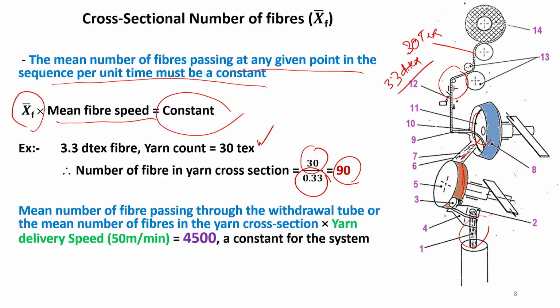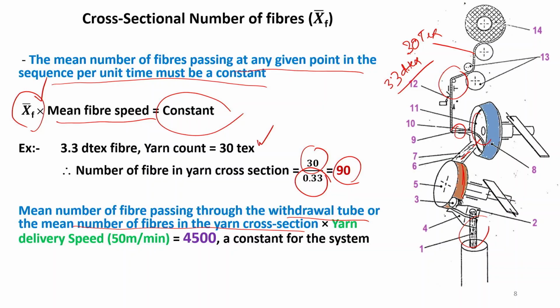Okay. So, x f for the yarn is 90. So, the mean number of fibers passing through the withdrawal point, the withdrawal tube, or the mean number of fibers in the yarn cross section, multiplied by the yarn delivery speed.